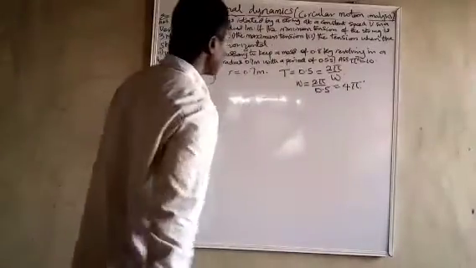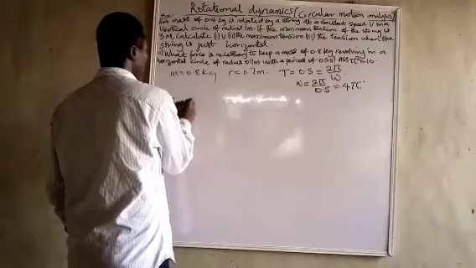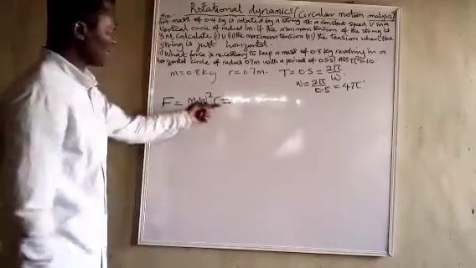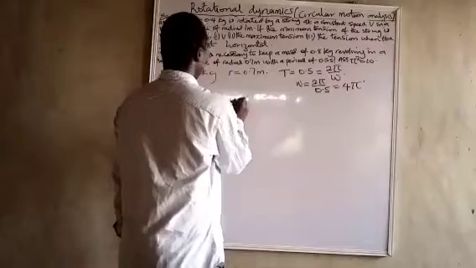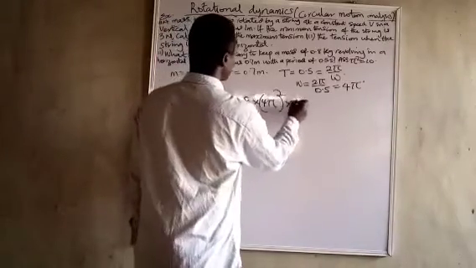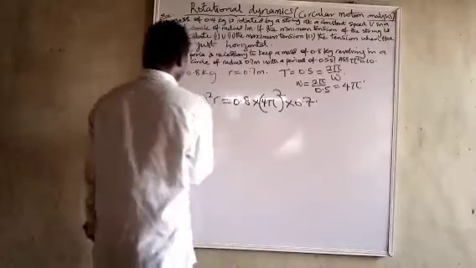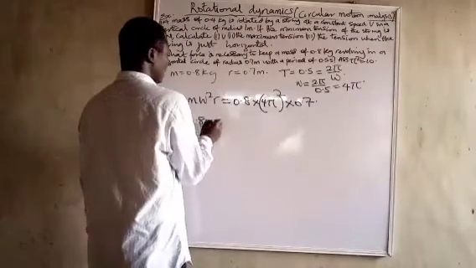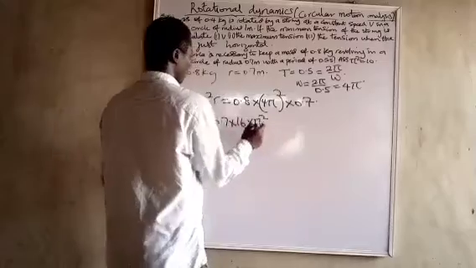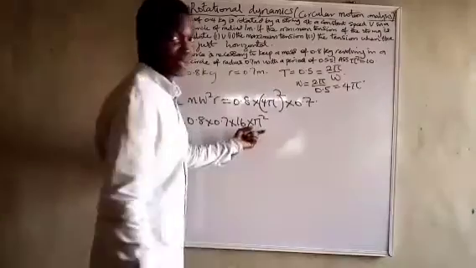Now, the force necessary to keep it revolving, that is F, will be equal to m omega squared r, and that is 0.8 times 4 pi all squared times 0.7. That gives you 0.8 times 0.7 times 16 times pi squared. And we are told that pi squared should be taken as 10.